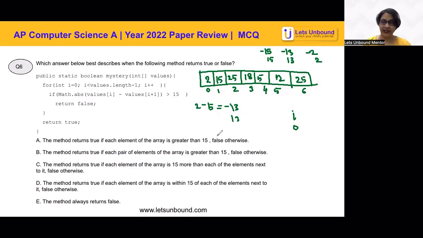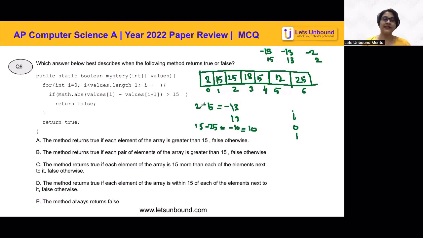i is equal to 1 this time. Going to this if condition. So this time 15 minus 25 is equal to minus 10. Applying this Math.abs gives you 10.